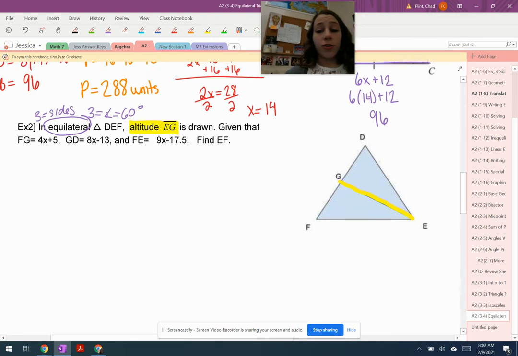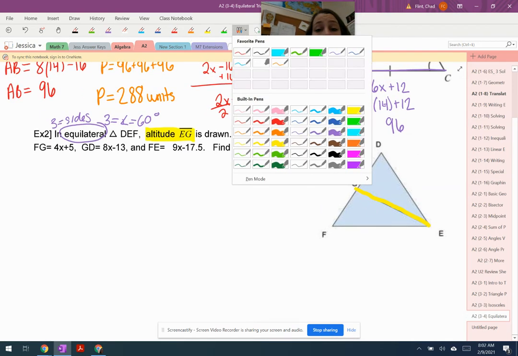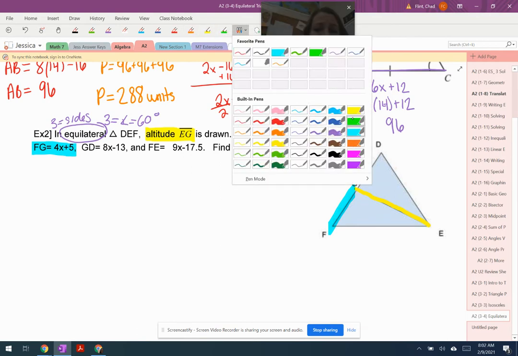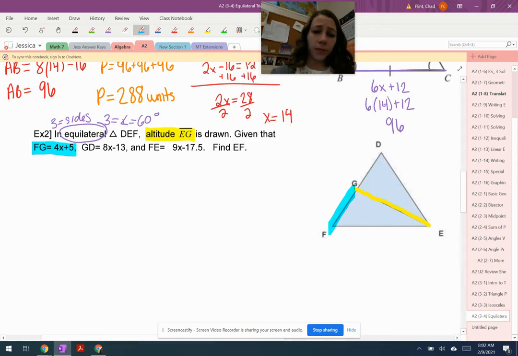We have a bunch of information that I'm going to go ahead and label. So FG, that would be that piece. So FG is 4x plus 5.